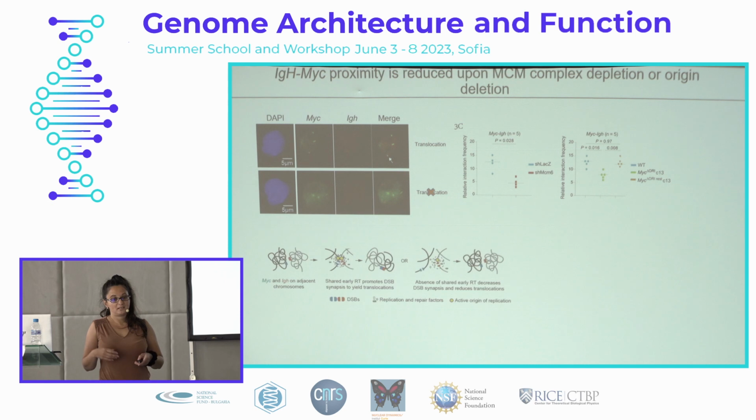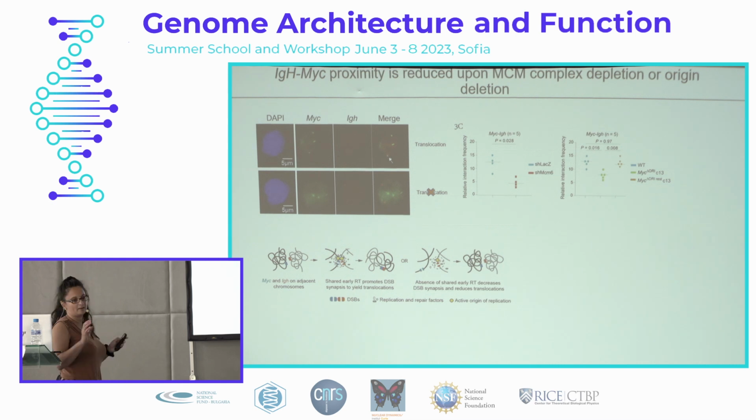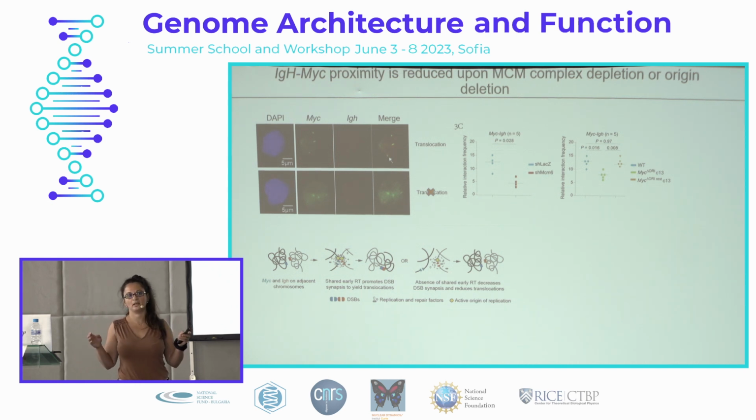And this led us to our model, which is that MYC and IGH are normally in neighboring chromosomes, and they are both replicating early in S phase. So what we think is happening is that in a normal situation, upon initiation of replication, they initiate replication within the same replication or DNA repair hubs.